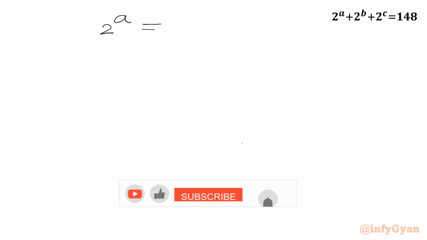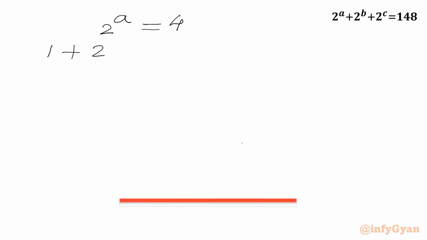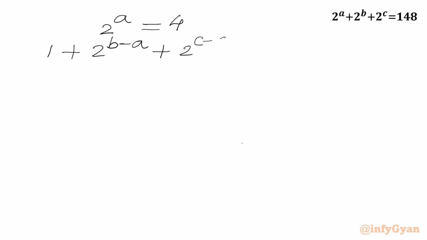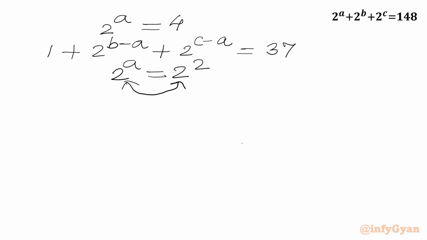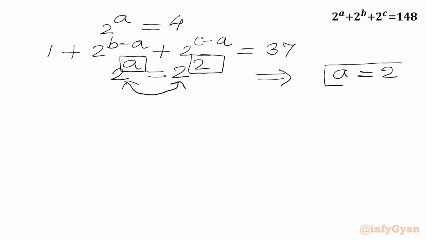We'll be writing two equations. 2 power a equal to 4, and 1 plus 2 power b minus a plus 2 power c minus a equal to 37. Now we can write 4 as 2 square. Once bases are same, we can compare our exponents. So from here, a must be 2. We'll write here a equal to 2.